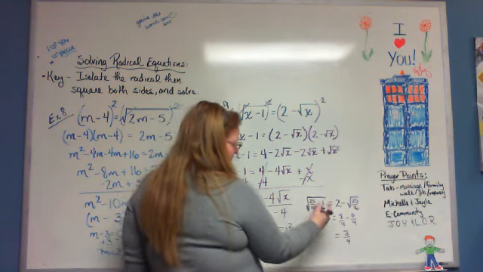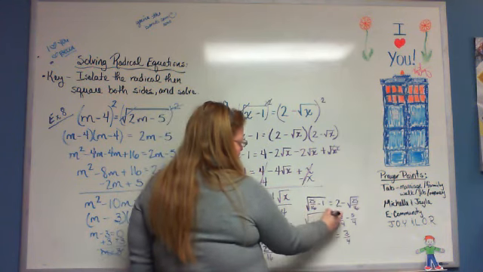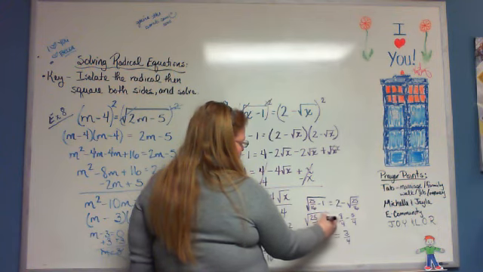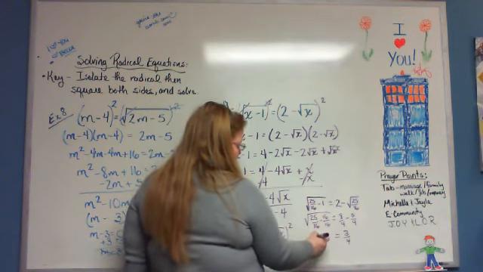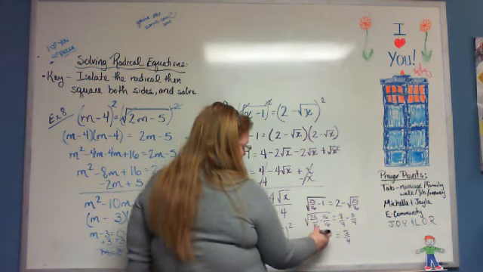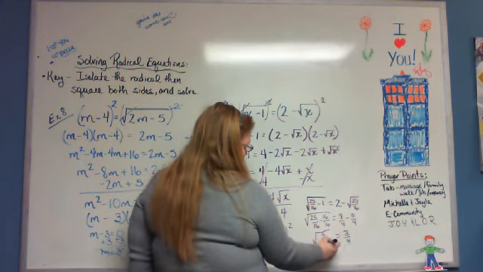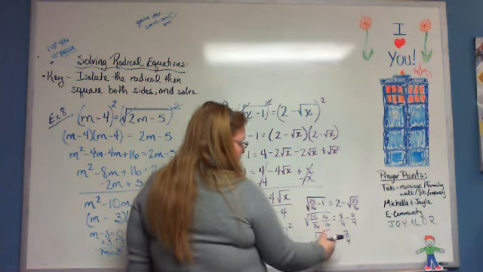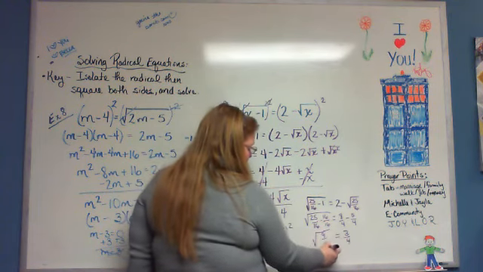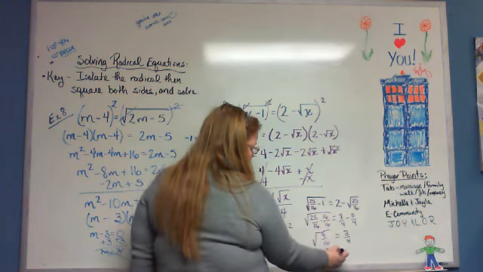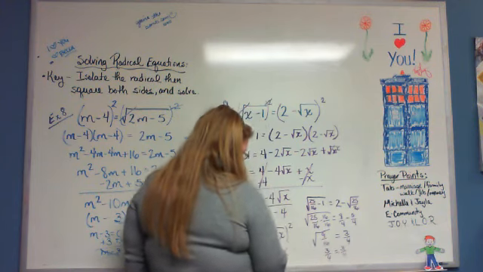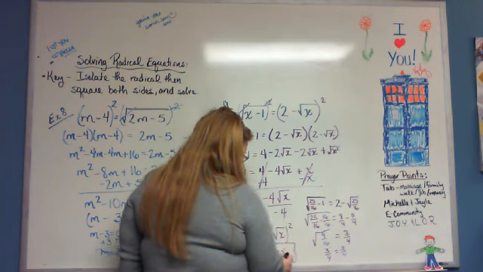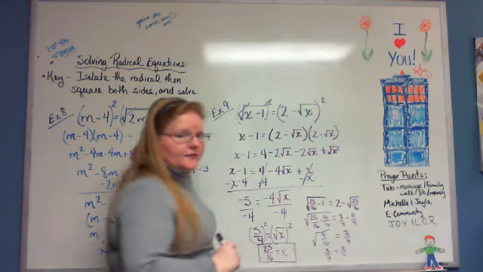Over here, common denominator and all, 25 over 16 minus 16 over 16. 25 minus 16 is 9 over 16, which means it's the square root of 9 over the square root of 16, which is really 3 over 4. And that equals 3 over 4. So that means this is correct. Nasty, but right.